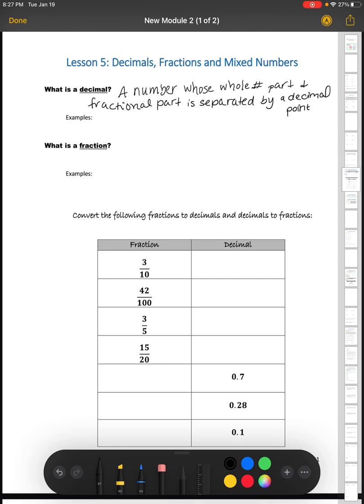And obviously you guys see decimals all the time. We deal with money, and that involves decimals. I mean, these things can go on forever.